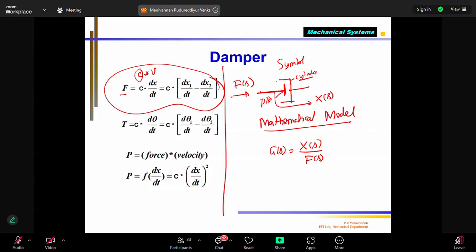The piston only moves inside the cylinder filled with fluid. So the position of the piston, X of S, is the output of the damper, which is nothing but 1 over C into S, where C is the damping constant of the damper.